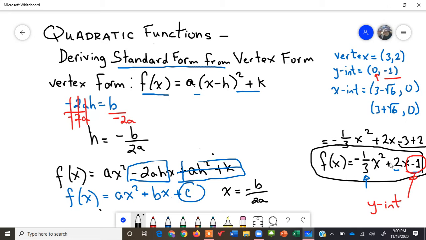So if we look at our function in standard form, negative 1/3 x squared plus 2x minus 1, and we're trying to find this 3, which is our axis of symmetry, x equals 3, the x-coordinate of the vertex, then we can find it doing negative b over 2a. So a is negative 1/3, and b is 2.